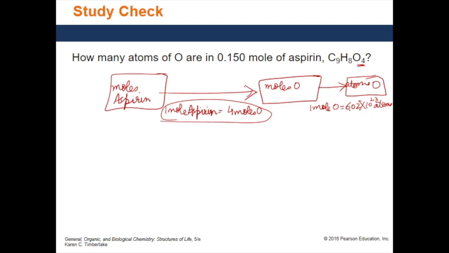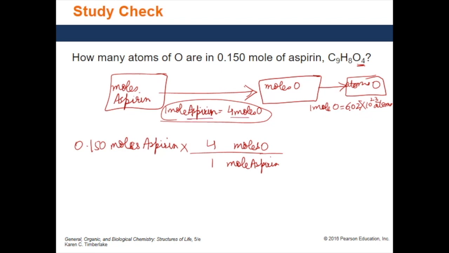So we'll start with what's given, which is 0.150 moles of aspirin. To cancel moles, I divide by mole of aspirin and multiply by mole of oxygen. 1 mole of aspirin is 4 moles of oxygen, like we see here. Now my answer is in moles of oxygen.